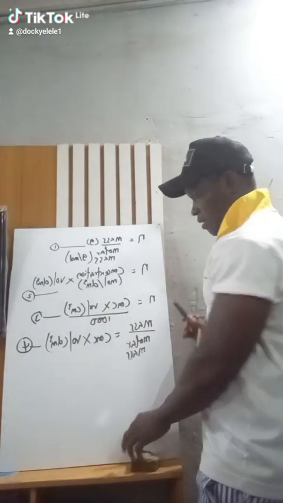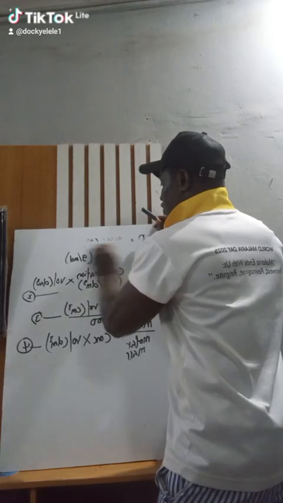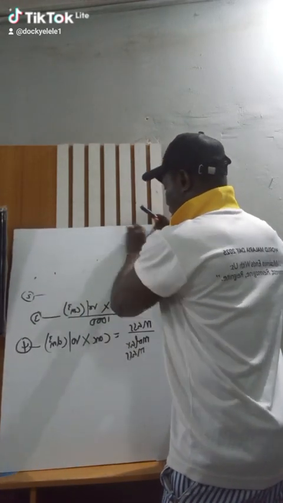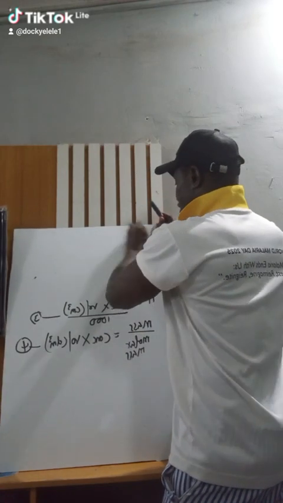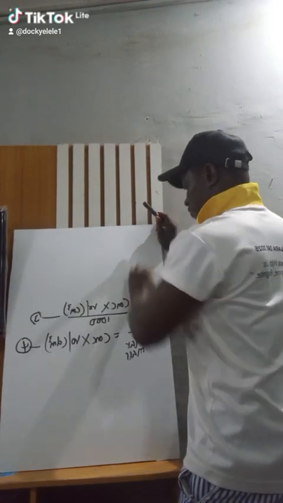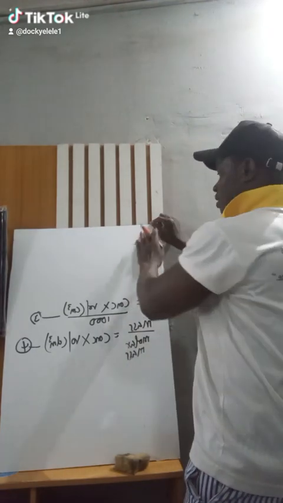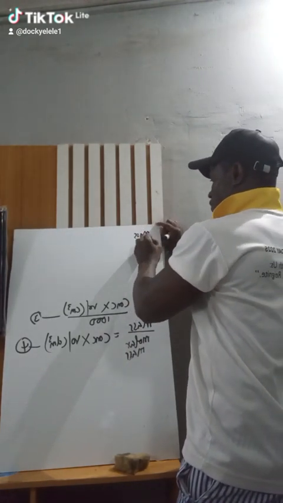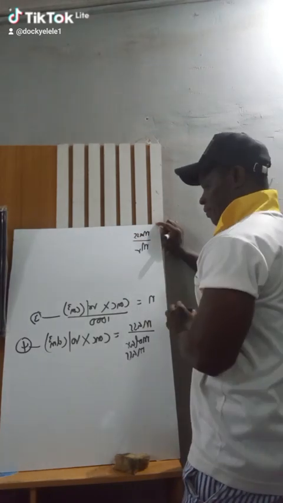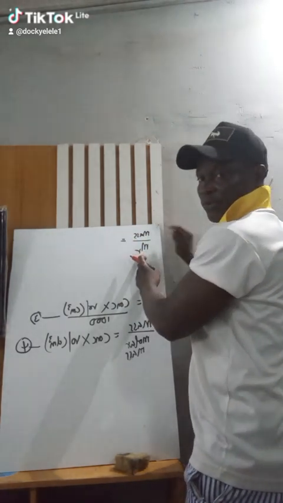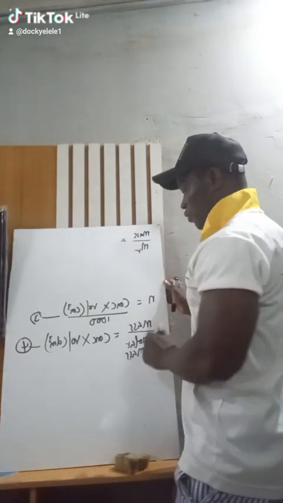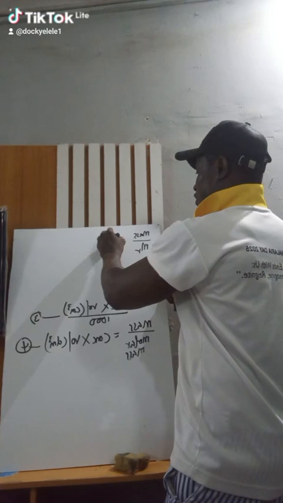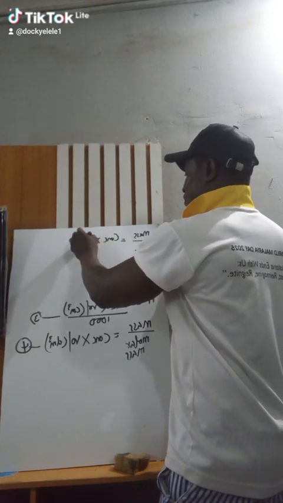Let's go to equation number 5. In equation number 5, I'm going to say mass over molar mass, where MR represents molar mass, equals concentration times volume.